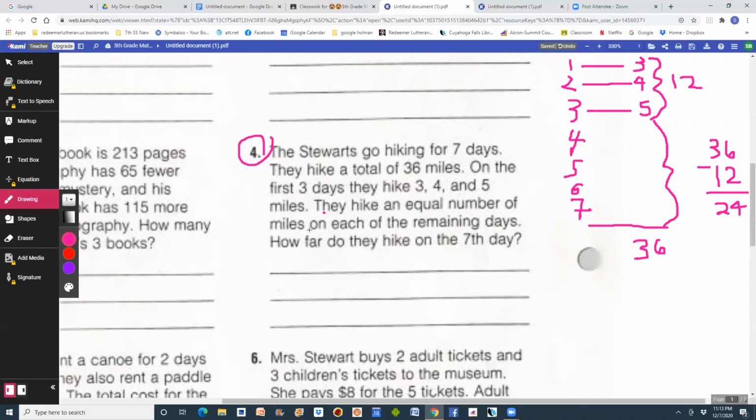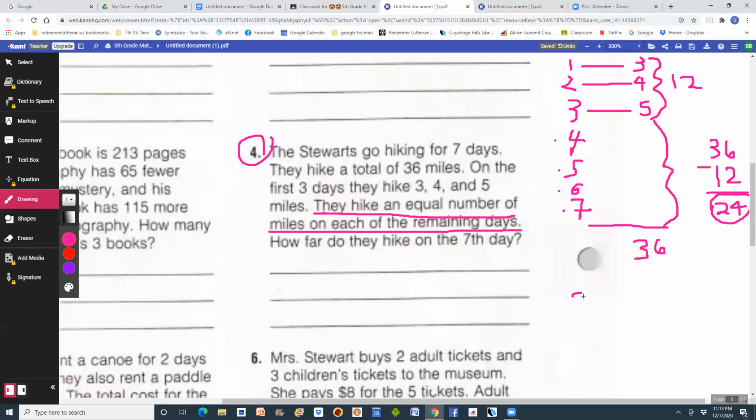What am I going to do with that? It's important that it says they hike an equal number of miles on each of the remaining days. Well, how many days have we got left here? 1, 2, 3, 4 days to use up 24 miles.